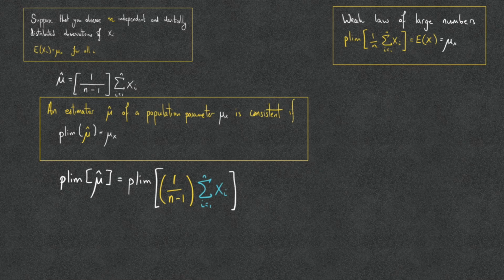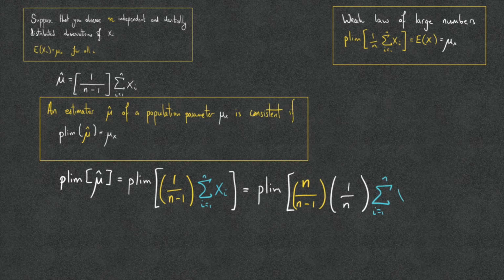And yes, we can. We could multiply top and bottom here by n, giving our expression as this is the same as the probability limit of n over n minus 1 times 1 over n times the sum of the xi's.